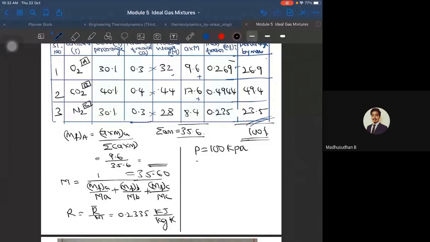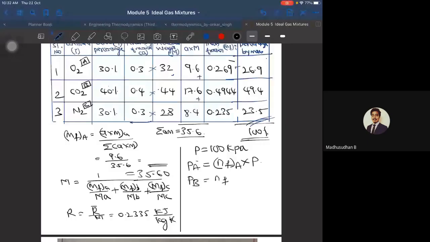Now look here. If I want to calculate the partial pressure of A, how will I calculate it? It is the mole fraction of A multiplied by the total pressure. Similarly, the partial pressure of B is the mole fraction of B into the total pressure, and the partial pressure of C is the mole fraction of C into the total pressure.